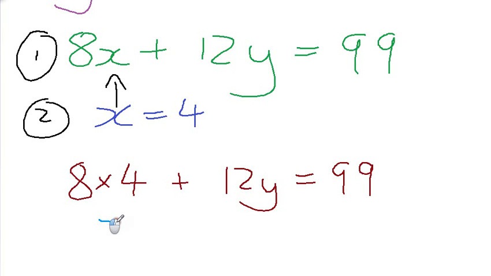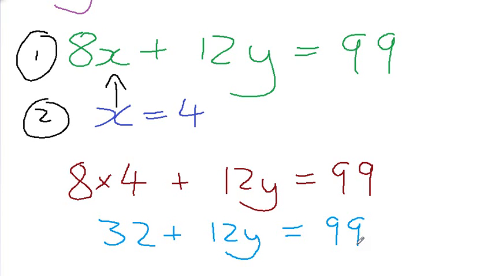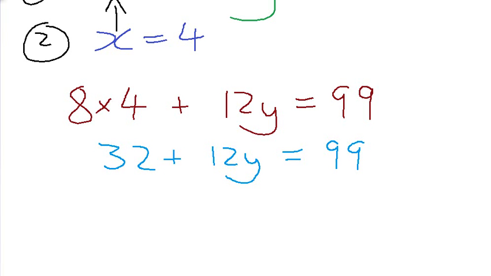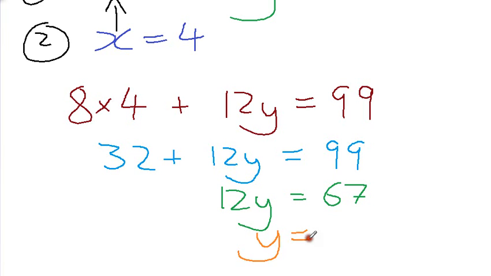So that is going to be 32 plus 12y equals 99. Let's take 32 from both sides. So we're going to get 12y is equal to 67. And then divide by 12 so that we get y is equal to 67 over 12.